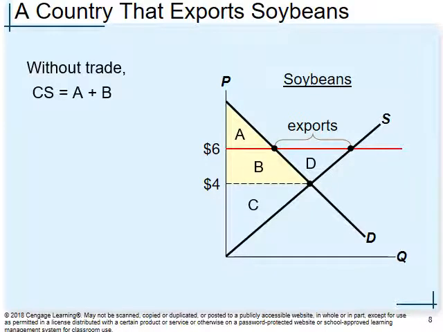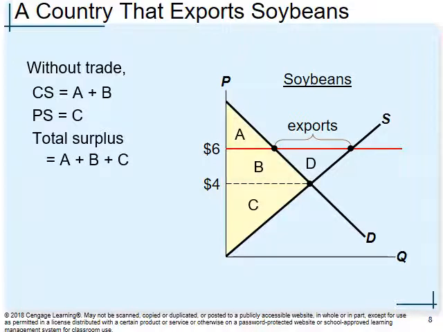So when there is no trade, at our first situation where the equilibrium price was 4, the consumer surplus is the area below the demand curve and above the price, which is the area A and B. And the producer surplus is the area above the supply curve and below the price, and that is the area C. So that's the situation without trade.